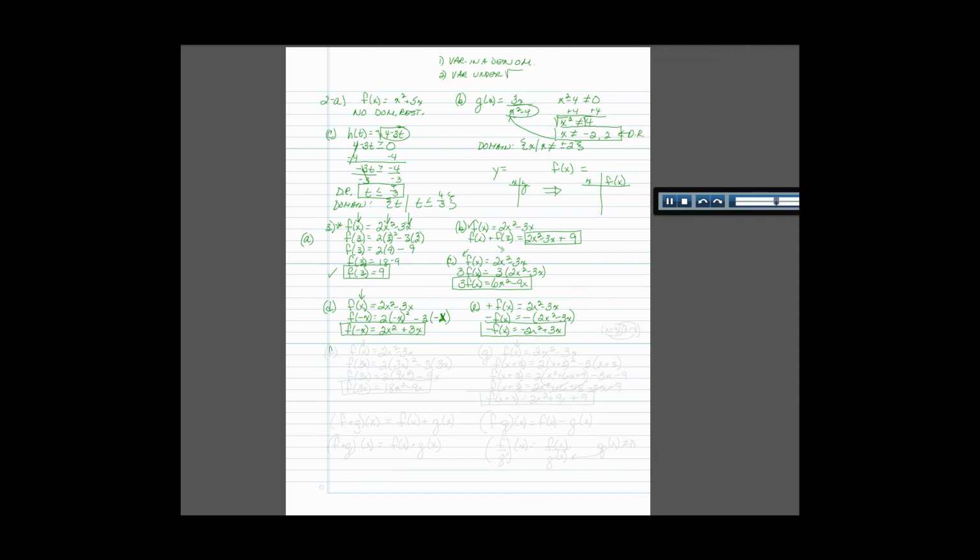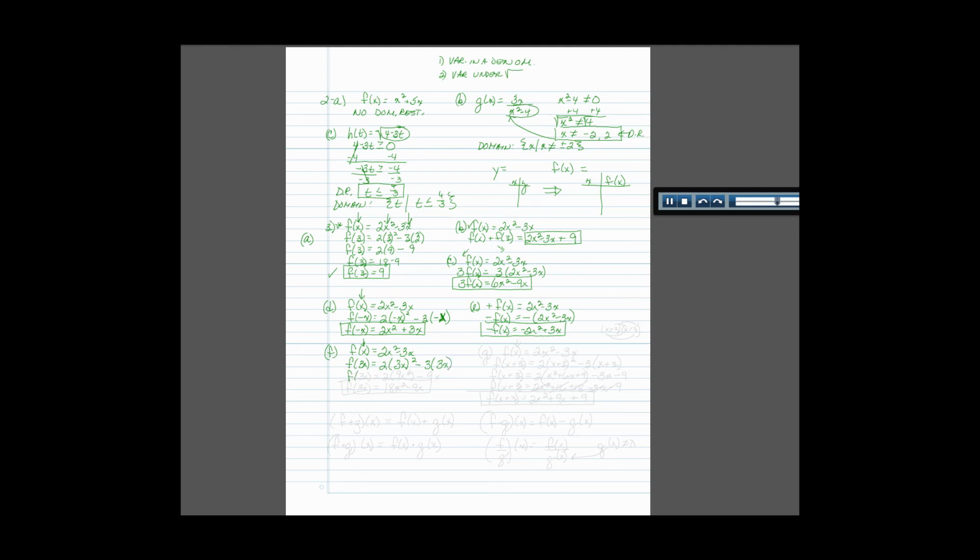All right, here we go with f. Again, let's write the function. F of x equals 2x squared minus 3x. And now what do we want? We want f of 3x. So everywhere there is an x, we're going to put in a 3x. So 2, take out the x, 3x, square it. Minus 3, take out the x, put in a 3x.